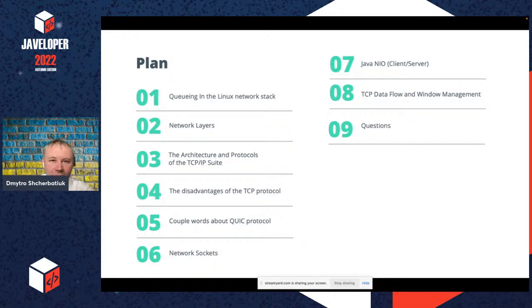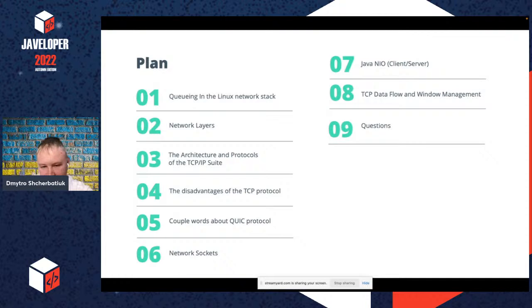Also, I'd like to talk about which network layers there are, which disadvantages are in the TCP stack, and which alternatives we have to the TCP protocol. Then we're going to consider which types of sockets there are, what Java NIO is, and how to use Java NIO to develop custom client and server applications.